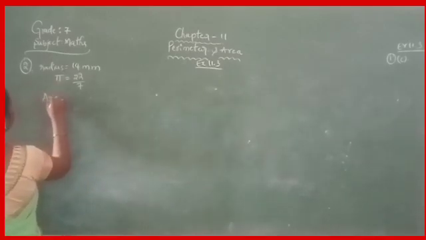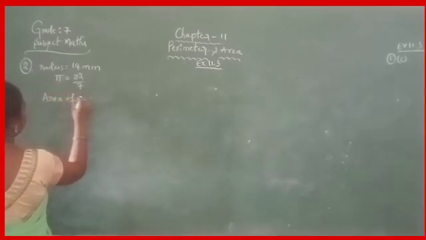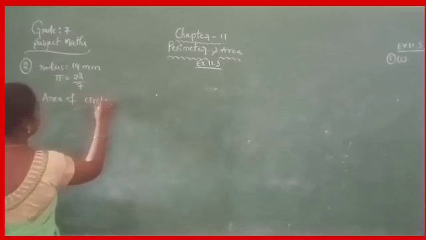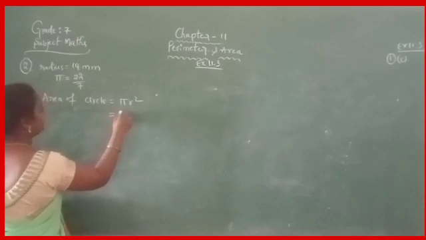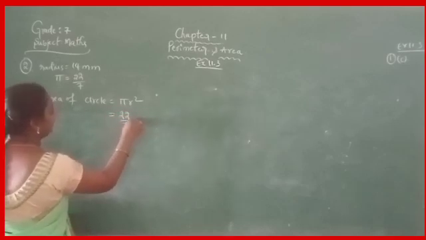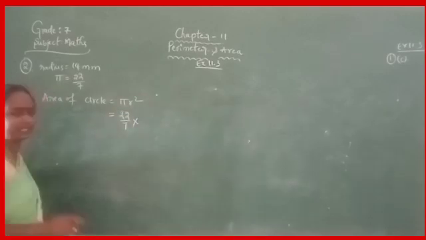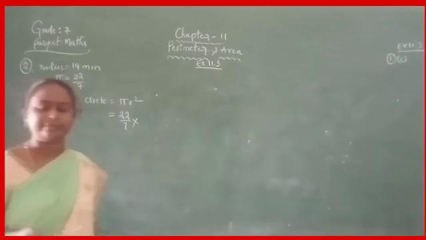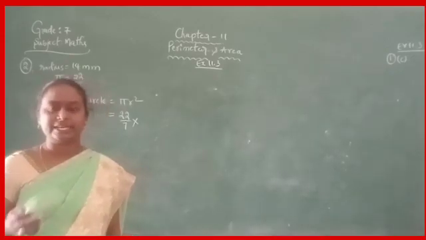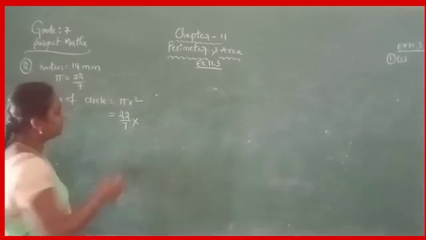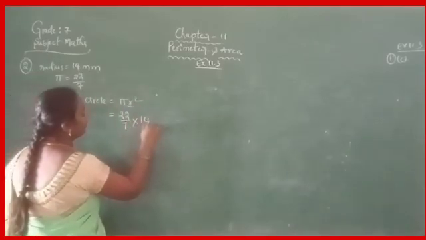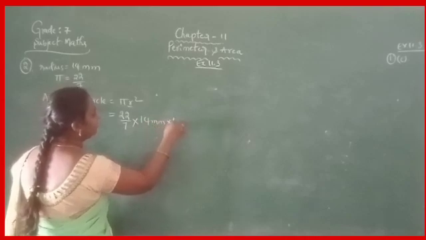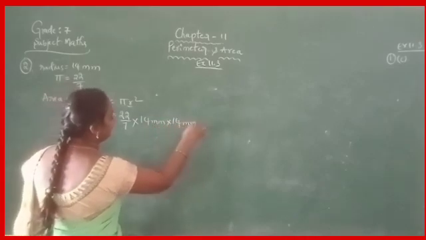Pi r square. Substitute here 22/7 into r square. R square means r is multiplied 2 times. So that means 2 times we have to take the radius, that is 14 millimeters into 14 millimeters.